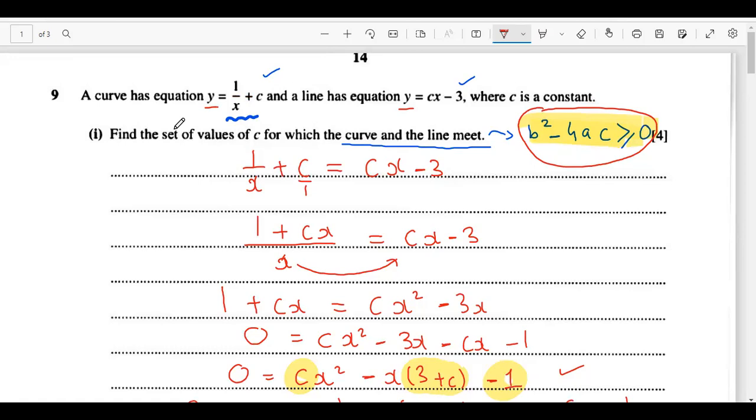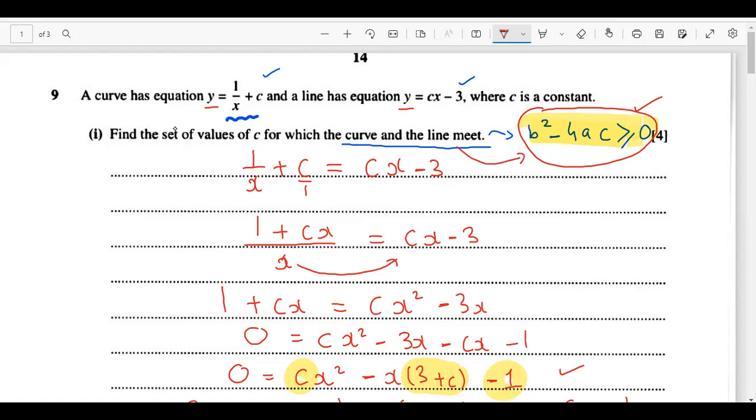Number one, when the line is cutting the curve at 2 points, there the discriminant is greater than 0. Number two, when the line is cutting the curve at 1 point only, we also say that the line is tangent to the curve. So we had to combine both the scenarios, and this was our inequality corresponding to this condition.